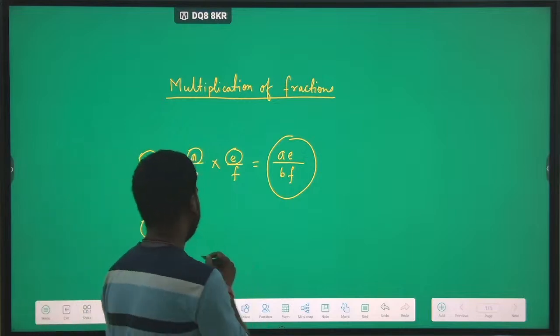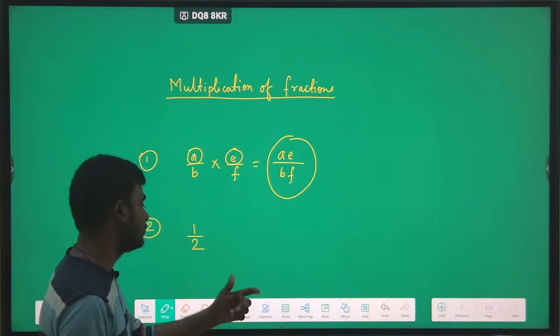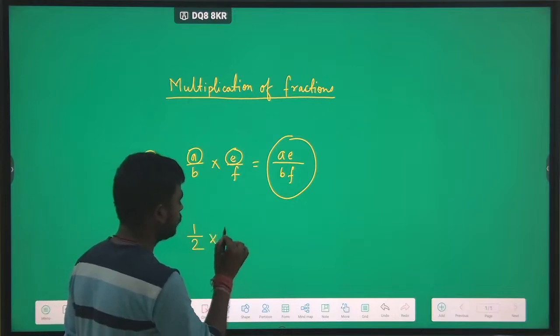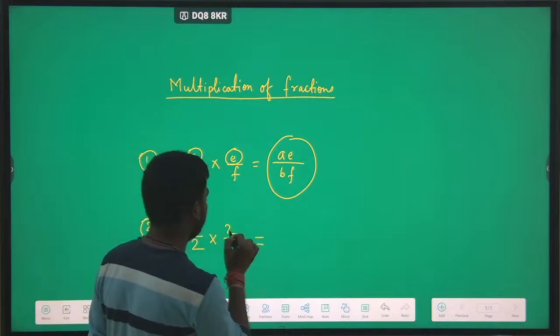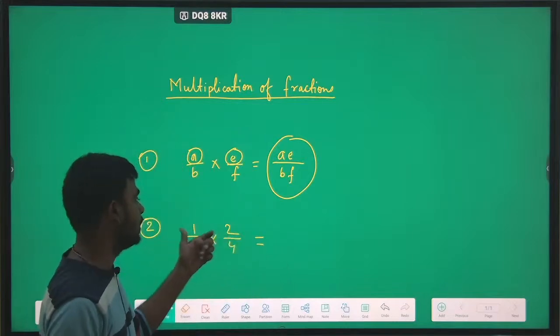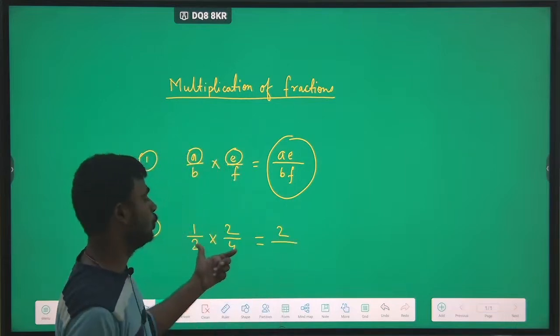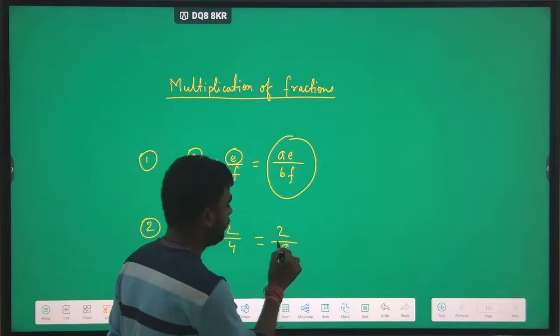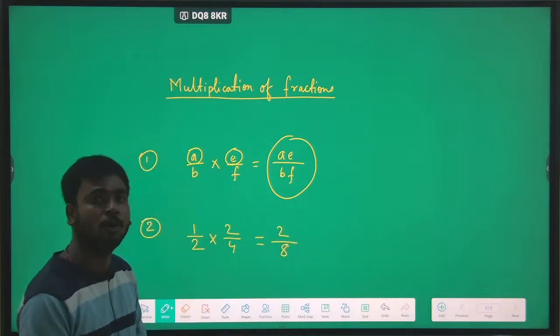For example, let us suppose that the fraction a by b is 1 by 2 and the other fraction is 2 by 4. Okay. So, what are we getting? When we multiply the numerator with the numerator, 1 and 2 multiplied will be 2, and in the denominator, 2 into 4 will be 8. So, the value is 2 upon 8.